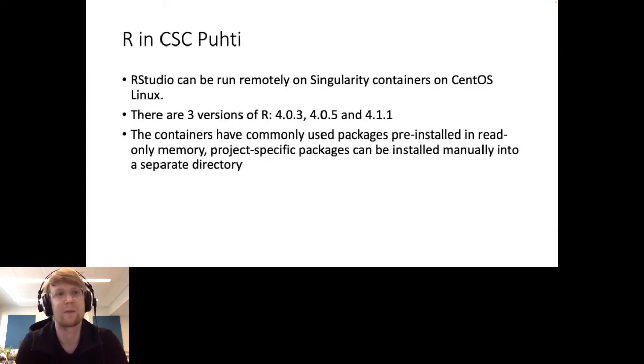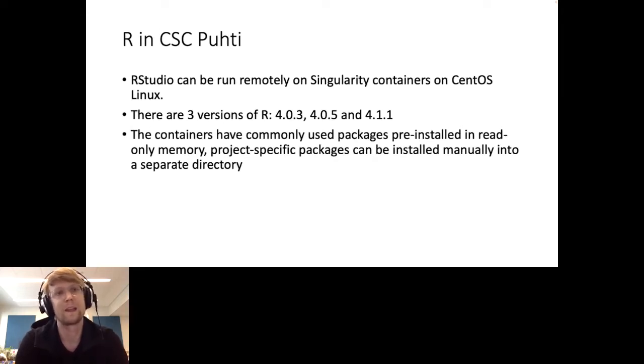And also some basic information about running R in CSC Puhti. Basically, it can be run on Singularity containers that run on CentOS Linux. There are 3 different versions as of now, the most recent being 4.1.1, which I have been using.